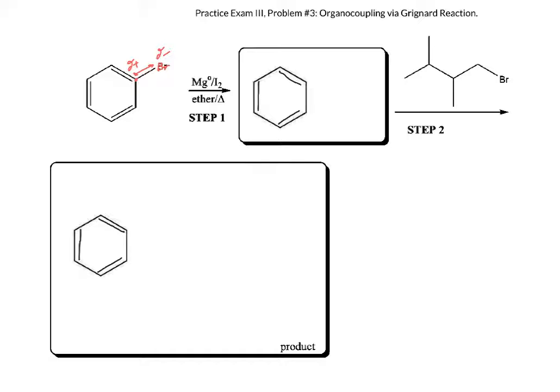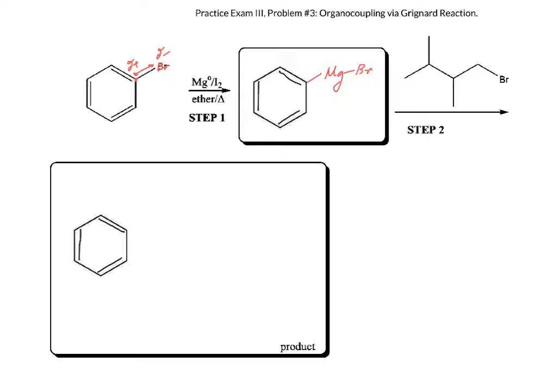Let's go ahead and draw the Grignard reagent. And the bond between carbon and magnesium really is ionic since we have a metal and non-metal. But if we were to draw the bond, we would see that we have magnesium and bromine. And I'm drawing the bonds just to show you the charge separation.